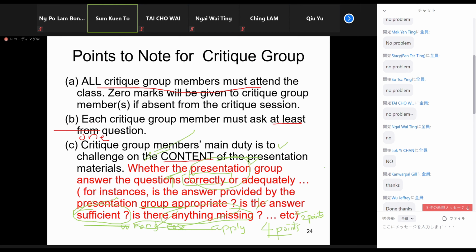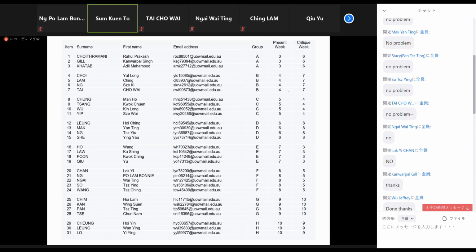That's why the later the presentation, the more I expect, because you have got so much experience from your other classmates. So my suggestion is that especially people presenting in week 3, time is running out, and you should always feel free to consult me to make sure you are doing the right thing in the right way.